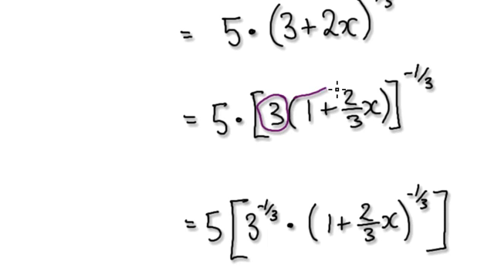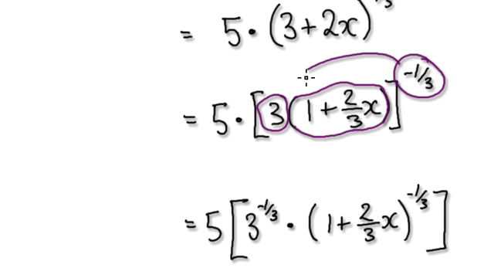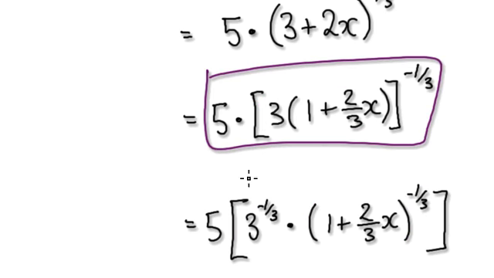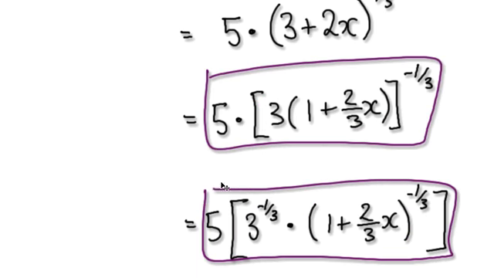So at the moment you've got this thing multiplying with this thing here. So you can actually do this: 3 to the power of this thing, and then you've got this exact same thing here to the power of a third. Okay, so from here you can jump to here.